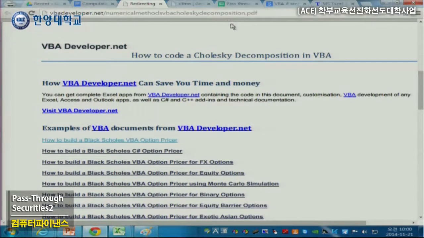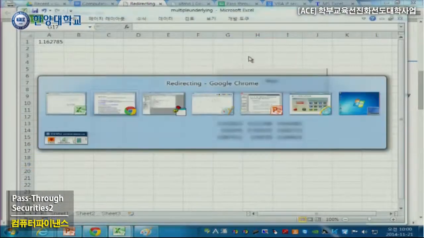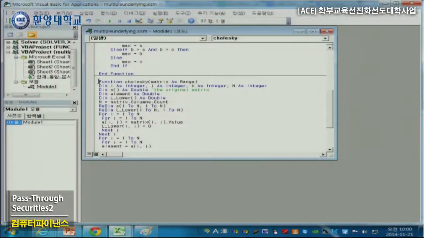This is maybe not the best VBA code, so I may delete this one.